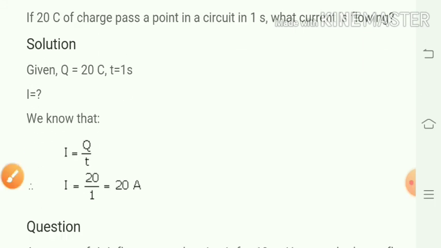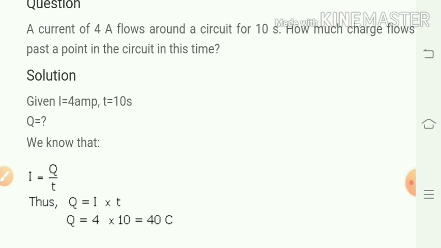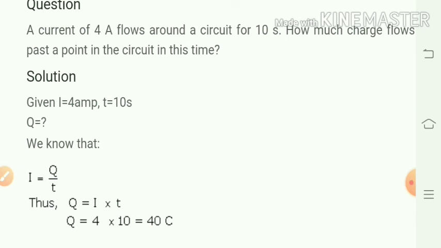If 20 coulomb of charge pass a point in a circuit in 1 second, what current is flowing? Given that Q is equal to 20 coulomb, time is 1 second, and I we have to find out. So we know that I is equal to Q by T. So I is equal to 20 by 1 second, which becomes equal to 20 ampere. Now, we will see again one example through which we can calculate the electric current.